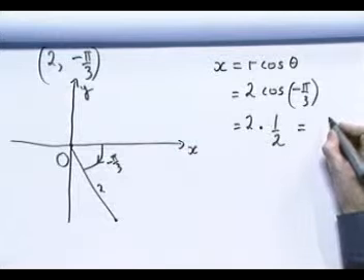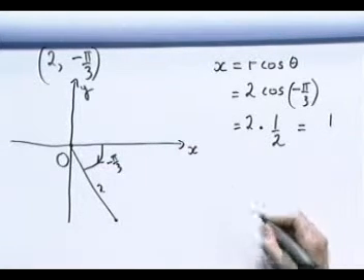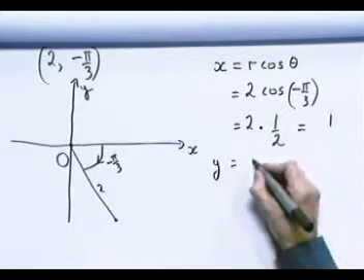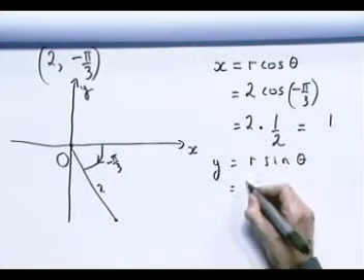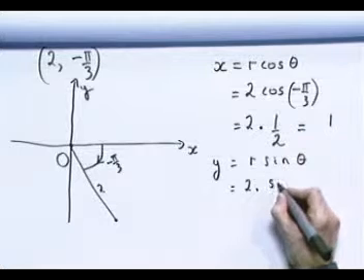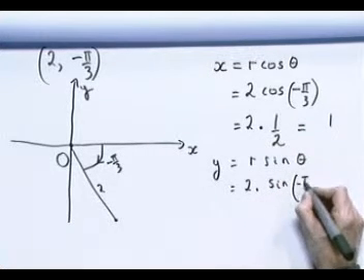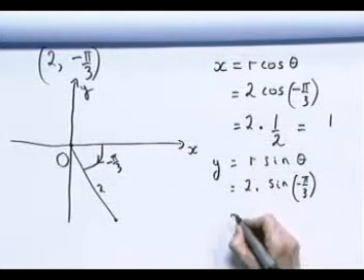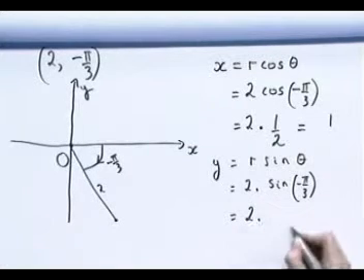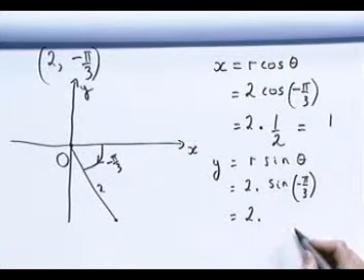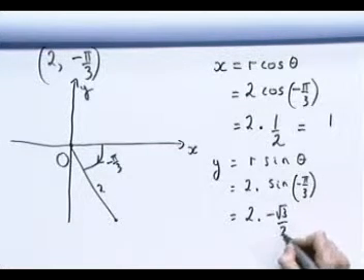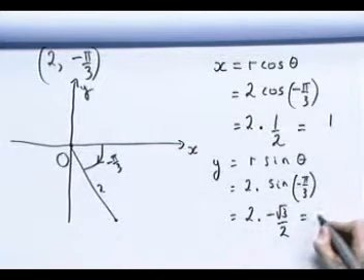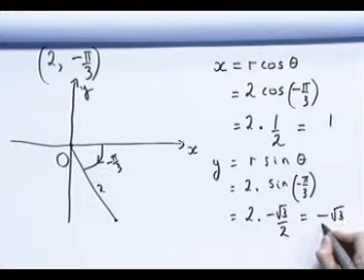And so that gives us 1. Y is equal to r sine theta, which is 2 times the sine of minus pi by 3, which is 2 times, now we want the sine of minus pi by 3, and that is minus root 3 over 2. And the 2's cancel to give us minus root 3.